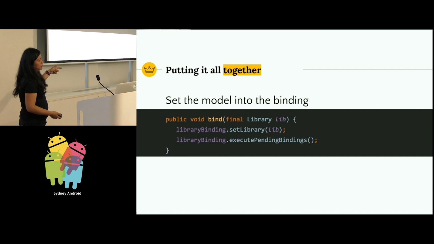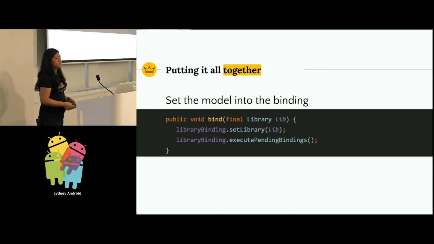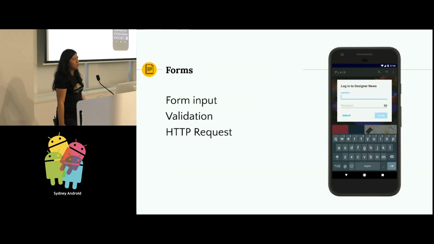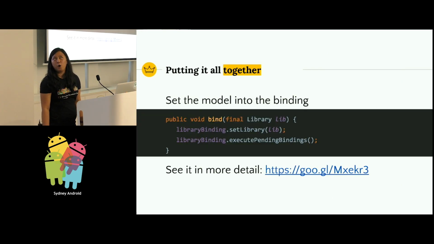So calling execute pending bindings is pretty important, so that changes to your view holders will be applied immediately instead of waiting for the next frame. So code again. So when do you call execute bindings? In your onBindViewHolder, towards the end, after you set the model on the view holder.